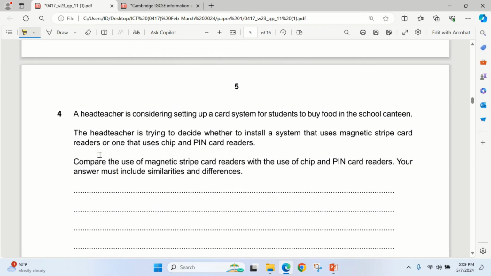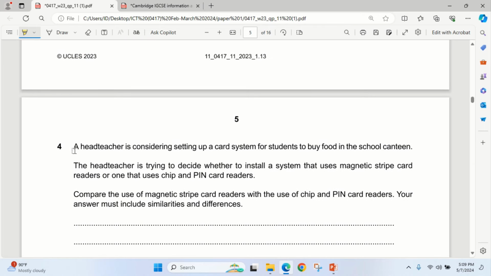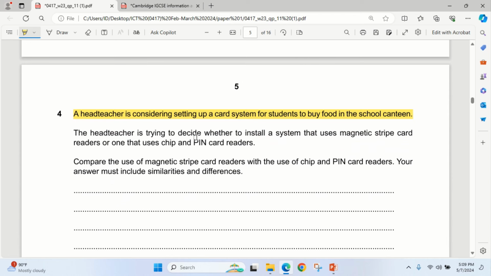Then the next one is question 4. A head teacher is considering setting up a card system for students to buy food in the school canteen. The head teacher is trying to decide whether to install a system that uses magnetic stripe card or one that uses chip and pin card readers. So that is the consideration they are trying to make.